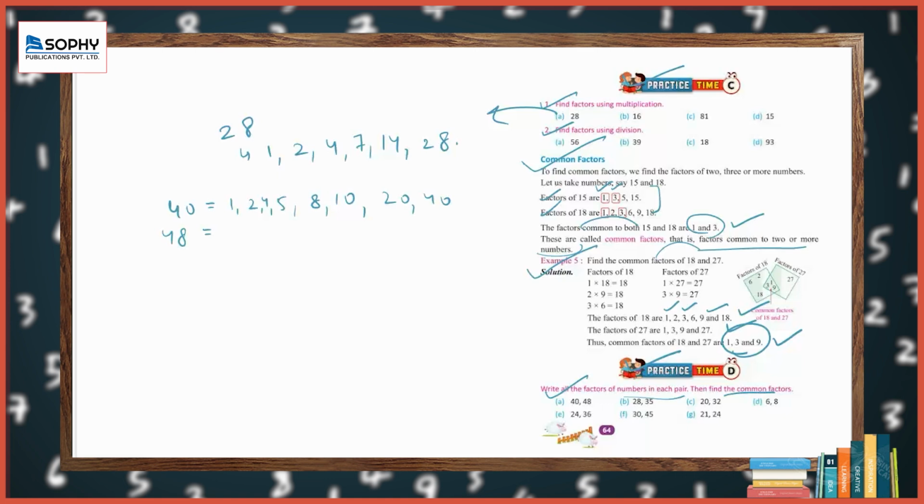For 48, students, that is 1, 2, 4, 6, 8, 12, 24 and 48. So the common factors are, very good students, 1, 2, 4, 8. That's how you can solve the remaining part, students.